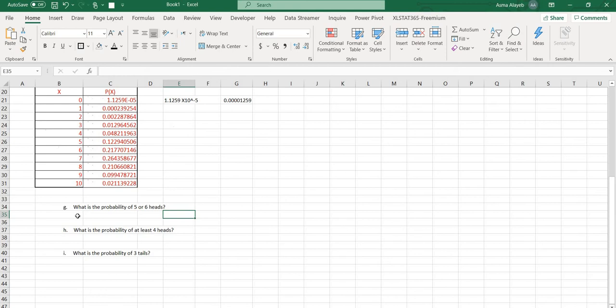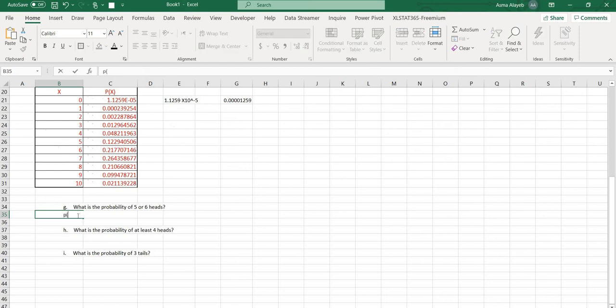So to answer a question like, what is the probability of 5 or 6 heads? I'm going to say that is the probability of 5 heads plus the probability of 6 heads. Because it's an OR event, so I'm going to combine the two probabilities together without worrying about them happening at the same time, because those are mutually exclusive events.